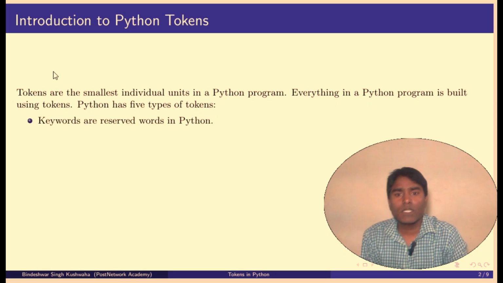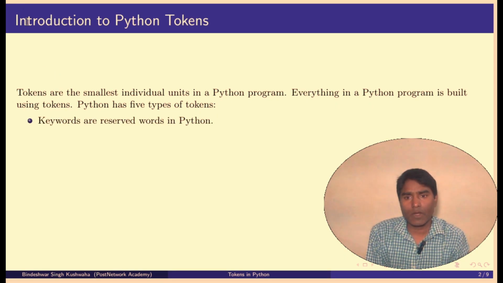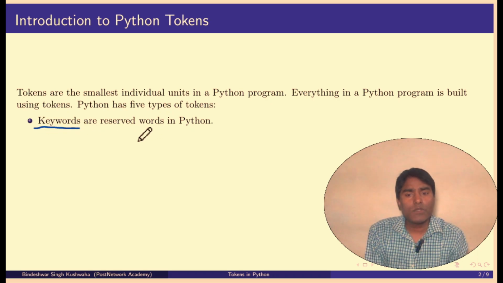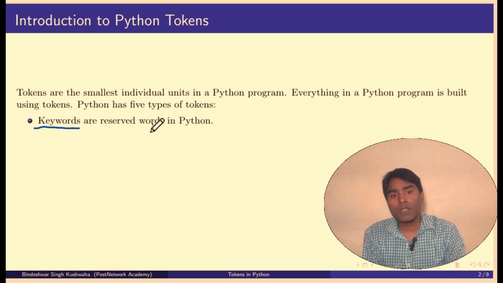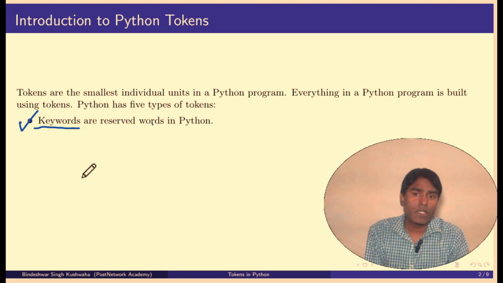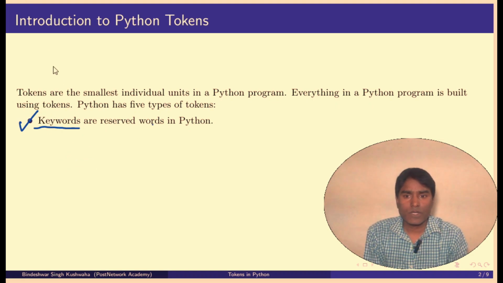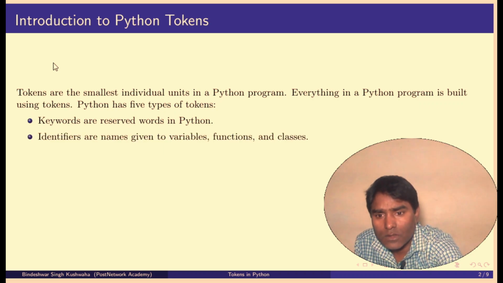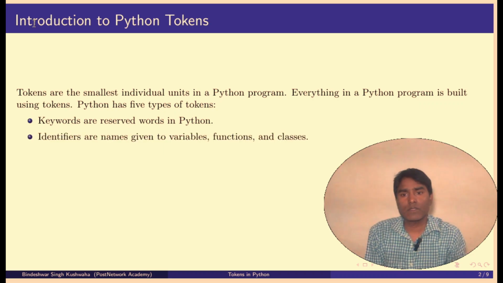The first one, keywords. Here I am underlining. These are reserved words used for a special purpose by Python. They have a special purpose, and you cannot use them for another purpose. Let us see the second one, identifiers.